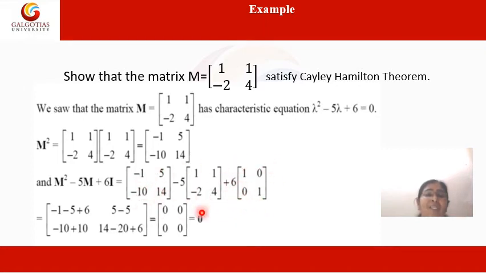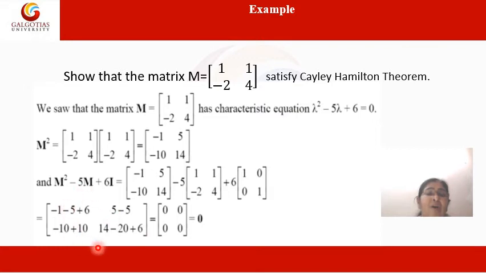On solving this matrix, -1 - 5 + 6, then 5 - 5, then -10 + 10, then 14 - 20 + 6.